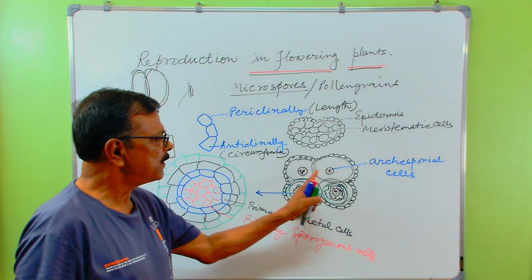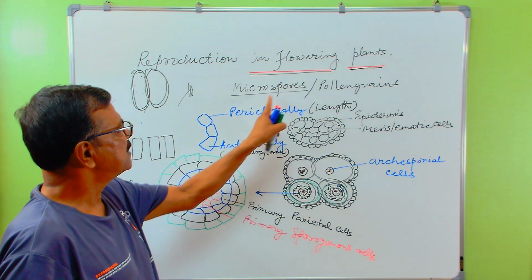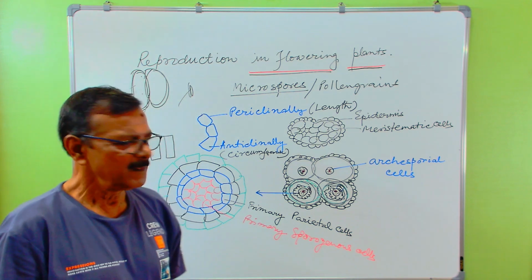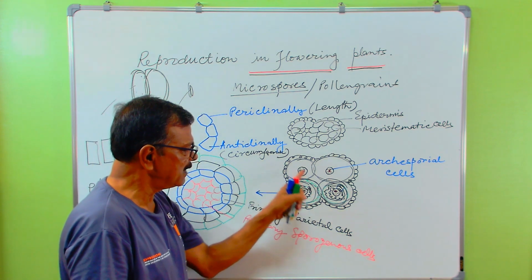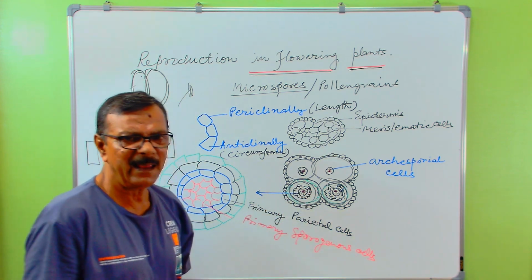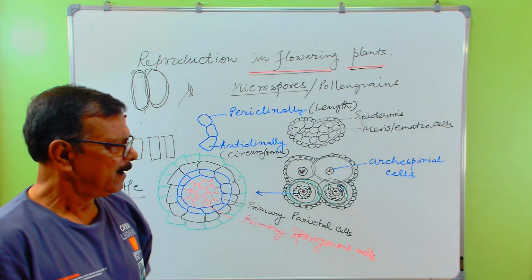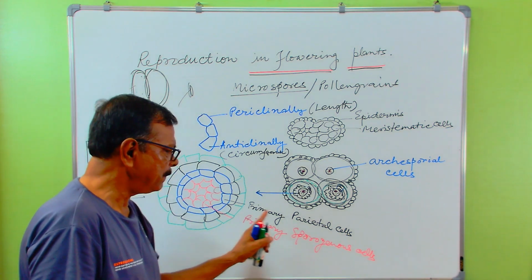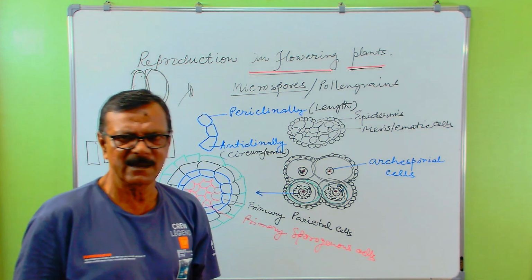This is the microsporangium in which the microspores or pollen grains are produced, and they are protected by a multi-layered anther wall. The multi-layered anther wall is produced by primary parietal cells.